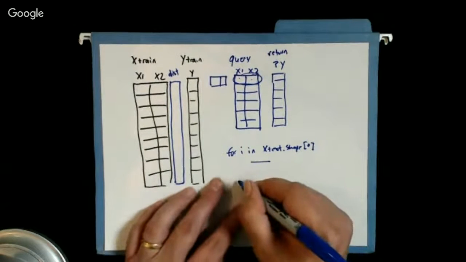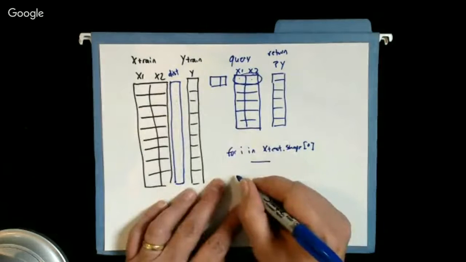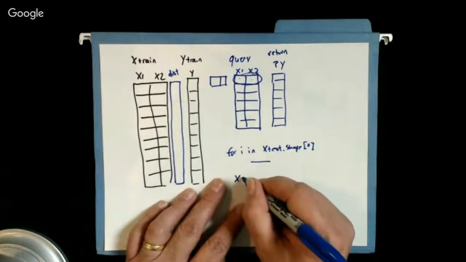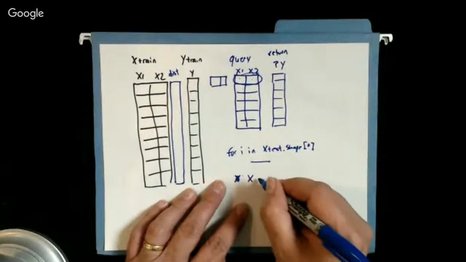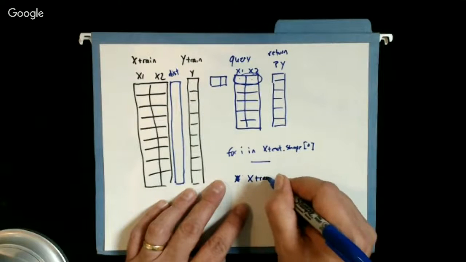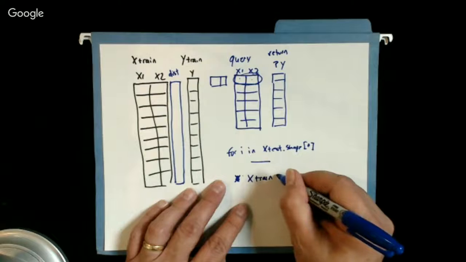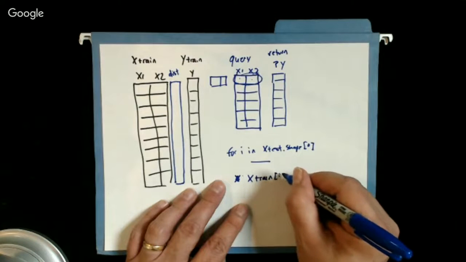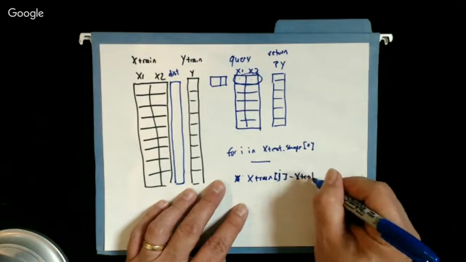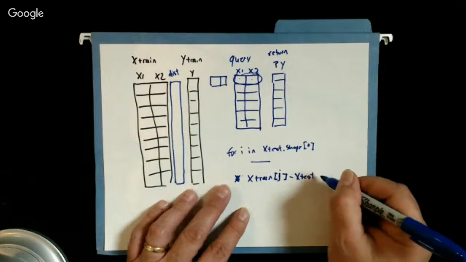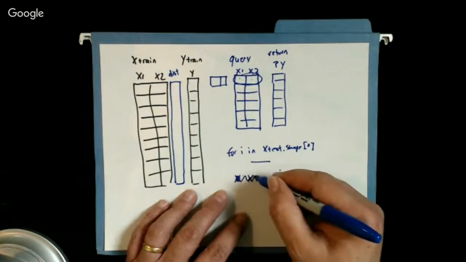It's X train of j, a different variable, minus x test. I'm screwing this up.